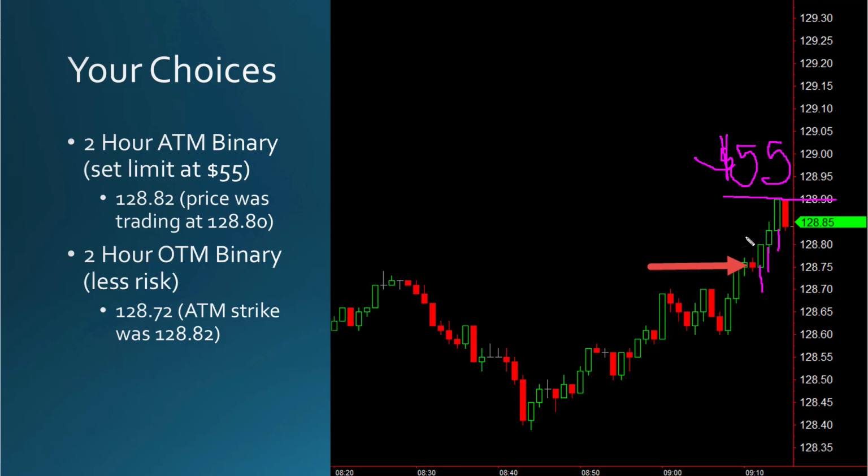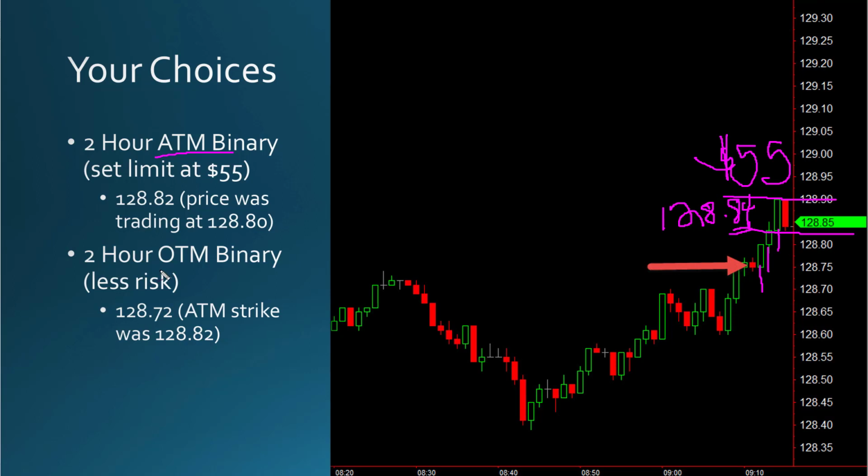Now, generally, if your strike is at 82, price simply needs to move up to 128.84 for that order to be filled. Now, that's in general because premiums change all the time. But just the very essence of a price bar normally will get you filled for at the money.